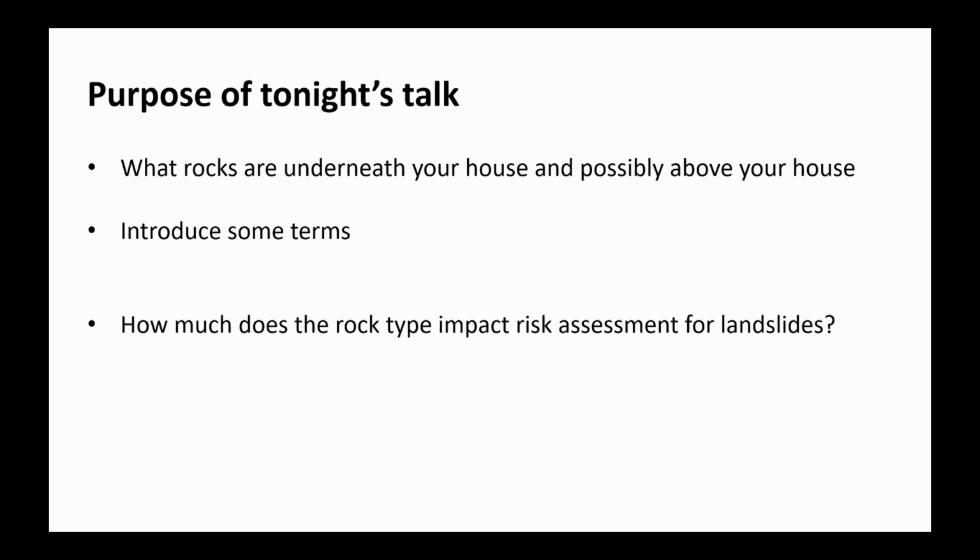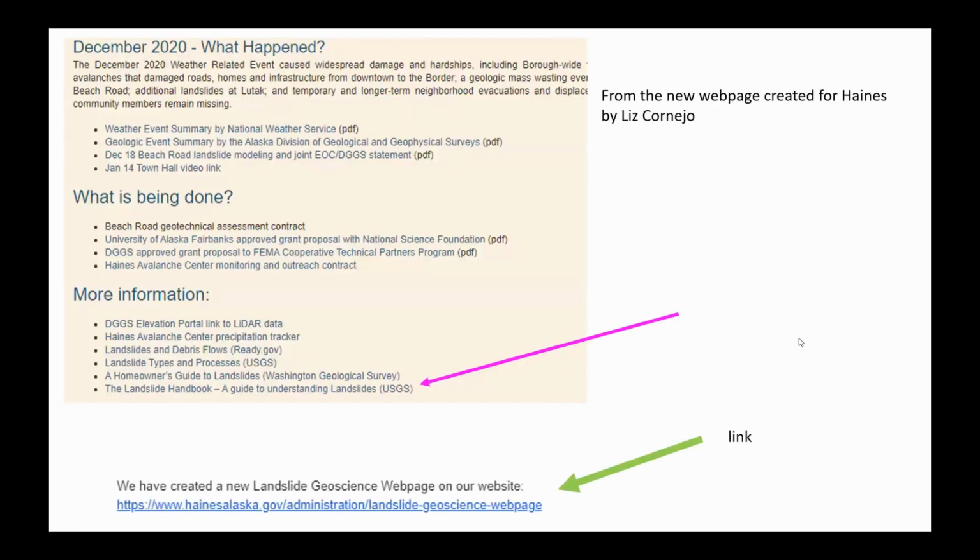So if you do want to know more about landslides, I wanted to point out that Liz Corneo put together a bunch of information, and it's on a web page, and the address is down here at the bottom. It's on the Haines website, and it has lots of information related to landslides, including this one that I've got the arrow with the pink pointing to, a whole landslide handbook put together by the United States Geological Survey.